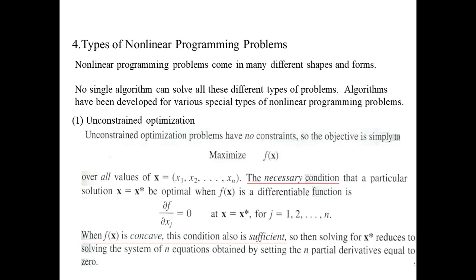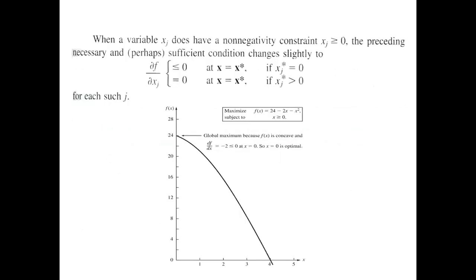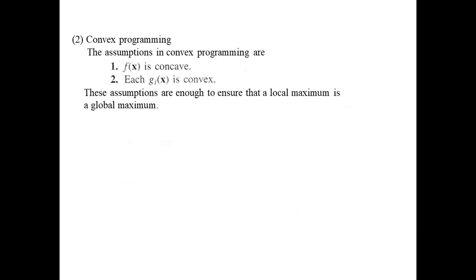So when solving X star, it reduces to solving the system of n equations by obtaining n partial derivatives. That means dealing with the gradient of the function. If there are constraints such as the non-negativity constraints, again, the optimum point will be changed. You can see this example.